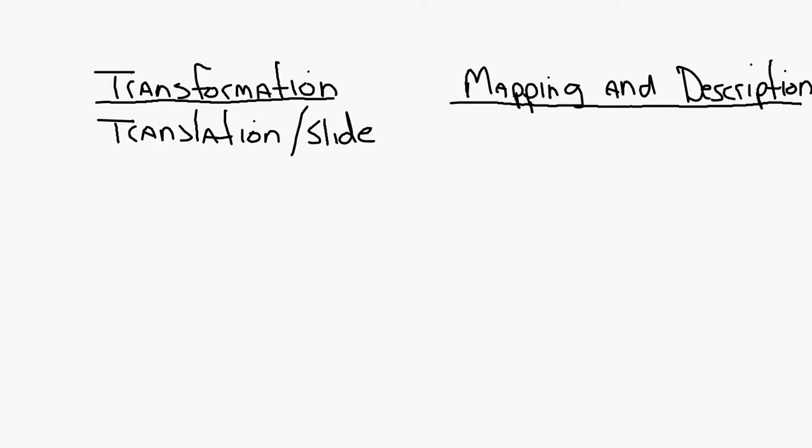So this would look like for each xy, we're going to translate it so that x is going to be added to by a units, and y is going to be added or subtracted by b units. Okay? Plus or minus, plus or minus.